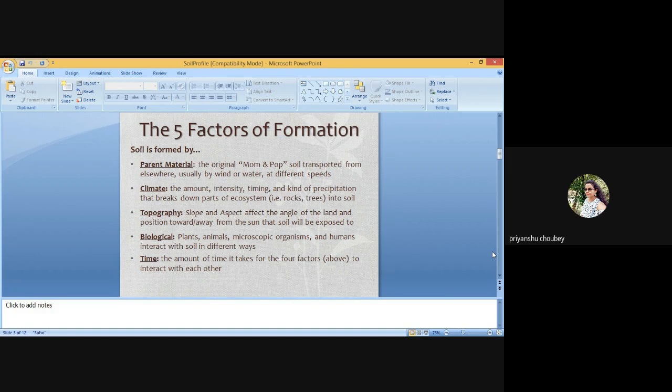An E horizon is most commonly differentiated from an underlying B horizon by a color of higher value or lower chroma, or by a coarser texture, or a combination of these properties. This horizon is lighter in color and has less organic matter. The E horizon is also called the eluviation horizon.